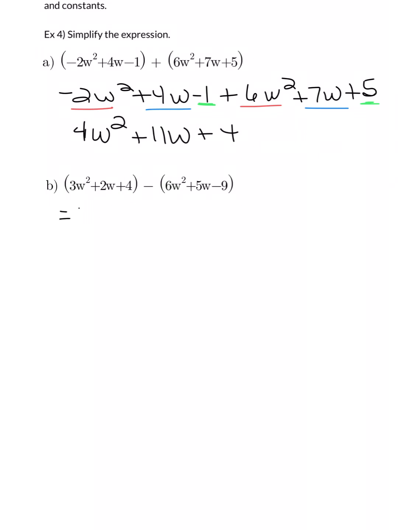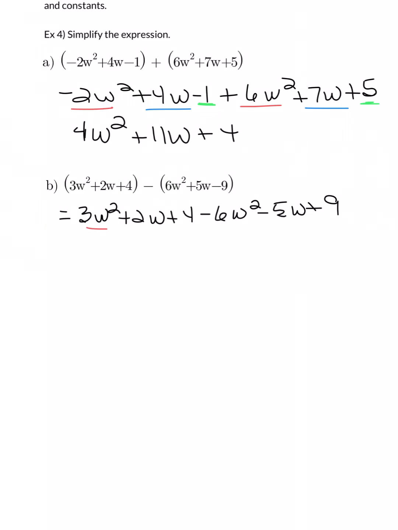So this will become 3w squared plus 2w plus 4. The first polynomial does not change. The second one becomes minus 6w squared minus 5w plus 9 when we distribute that negative sign to each term.